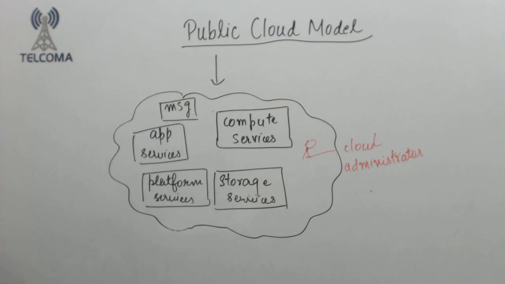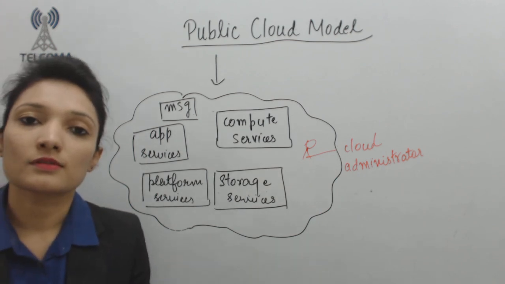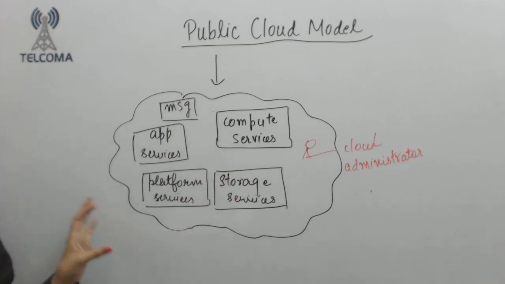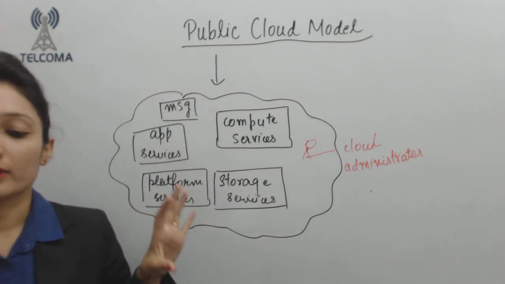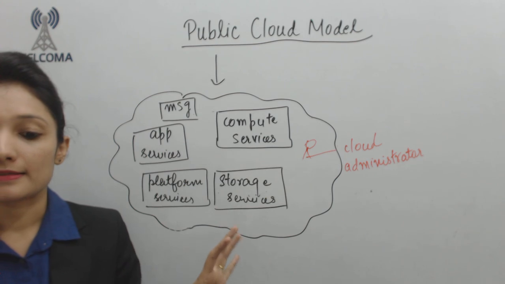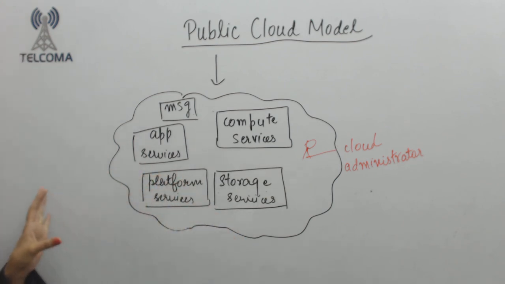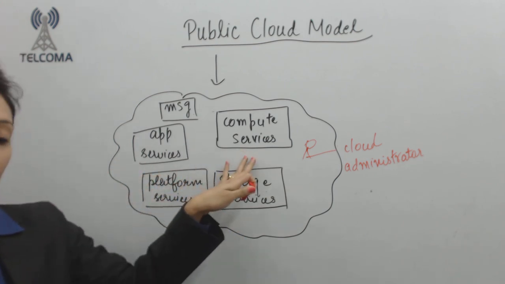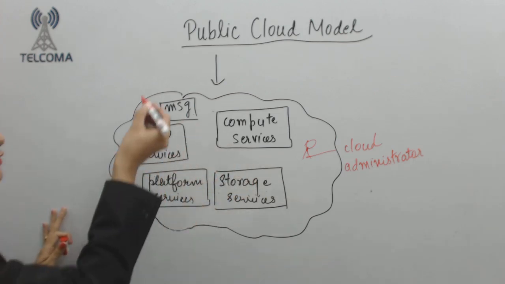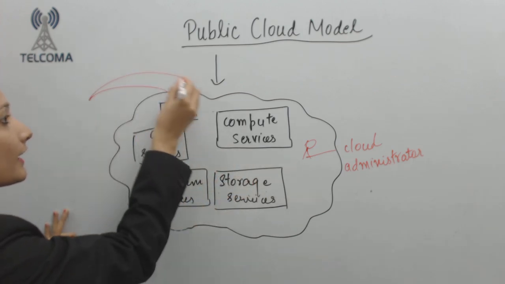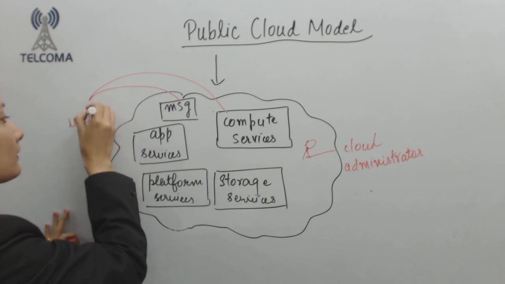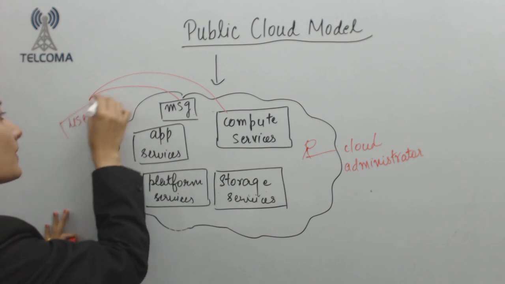Now these services are deployed over the internet for the public user. That means they can be accessible by the general public. For example, you have your compute services or your messaging services, and these can be accessed by a number of users.